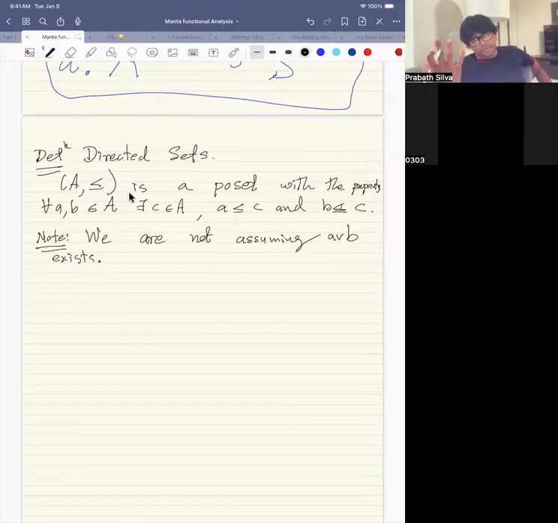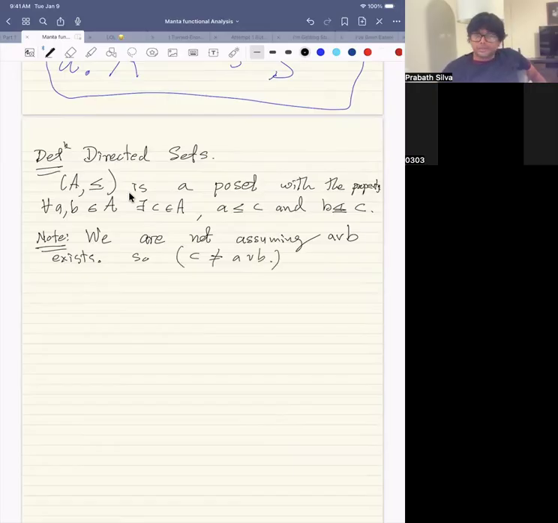We are not assuming the joins, or the meets. But if you are in a situation like that, then you can take this c to be the join, but we can't say that c is a union b in general.